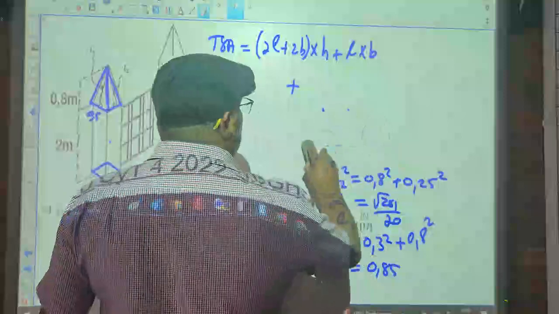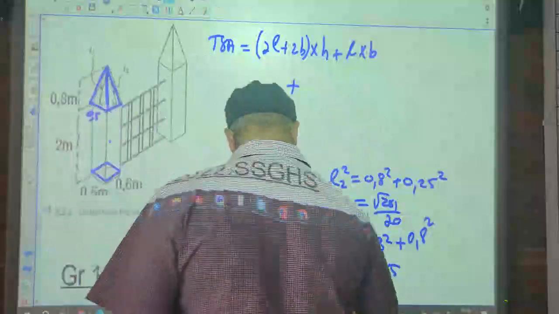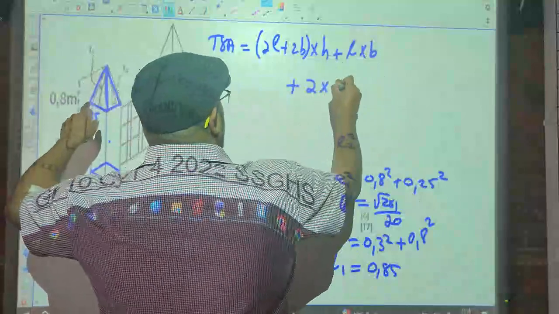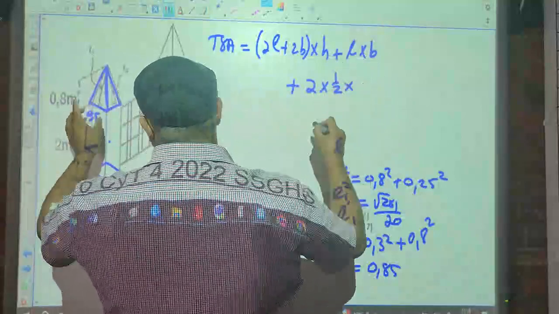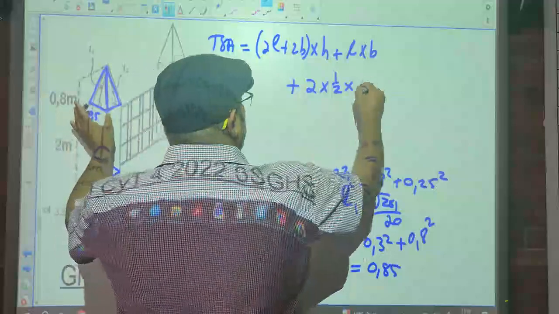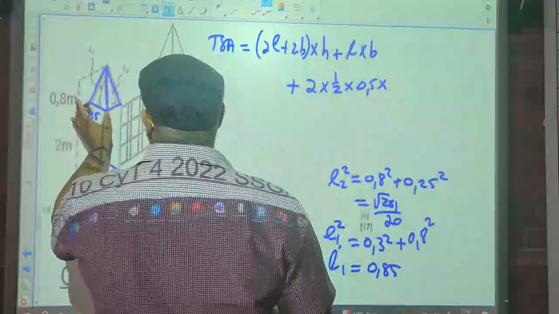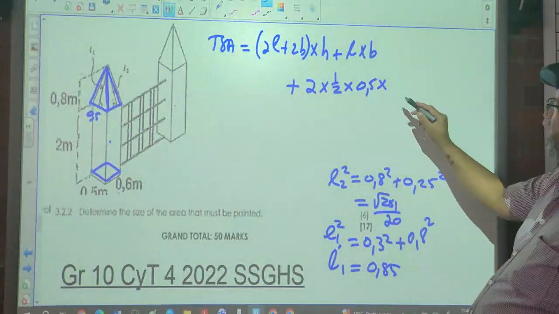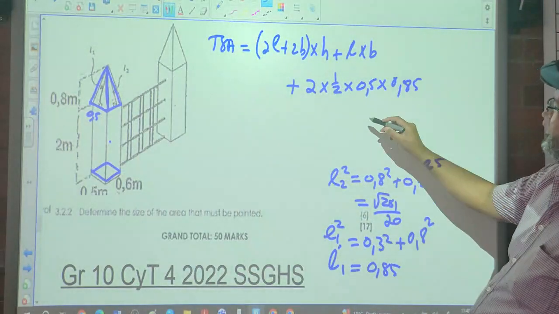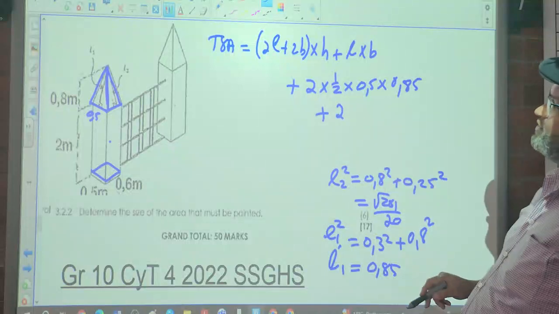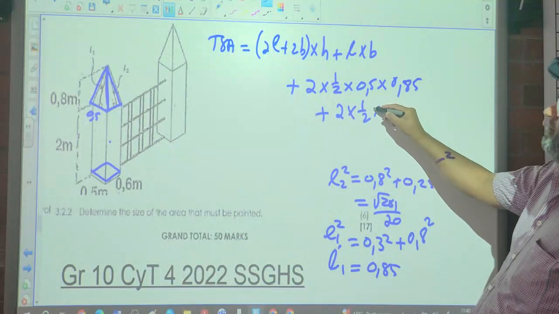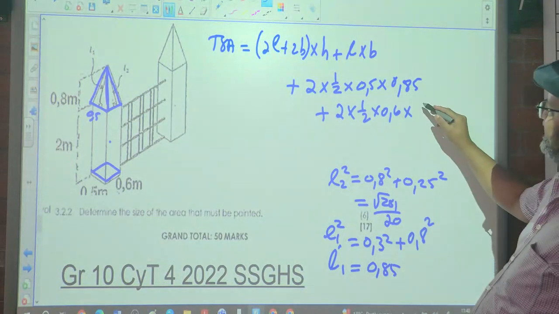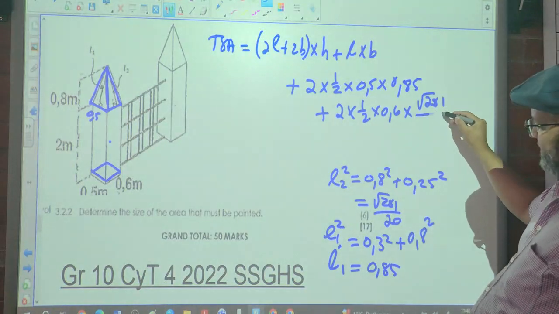So to work out the surface area here is going to be 2 rectangles, which is base, which is 0.5, times the height. What's the height? L1. And L1 is 0.85. Plus, there are 2 triangles, which is half of base, which is 0.6, times your perpendicular height, which is the root of 281 over 20.